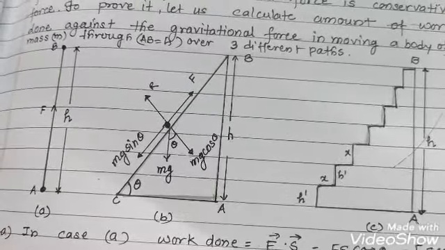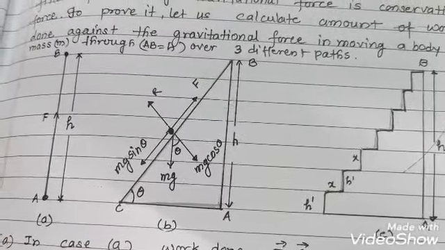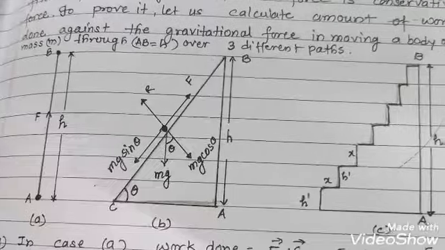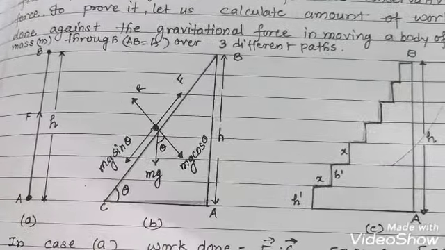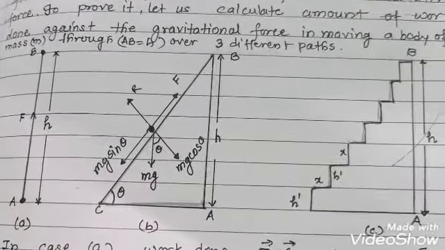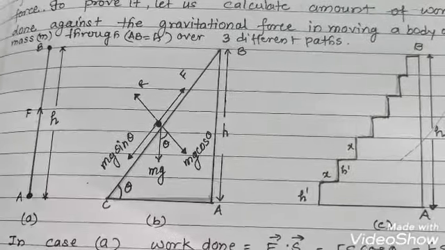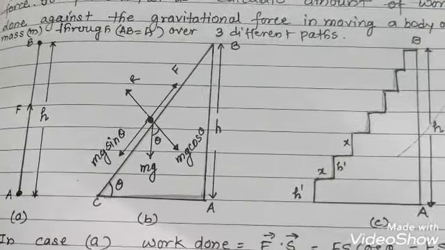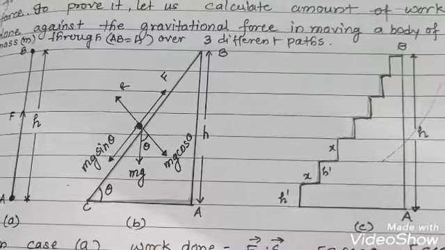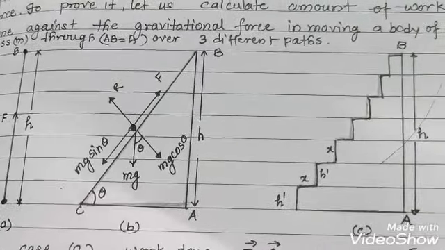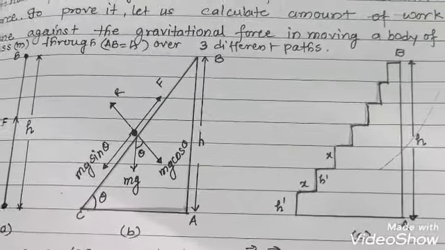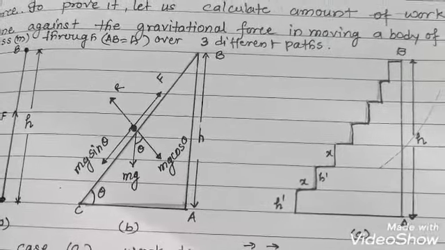There we saw that the work done against the gravitational force is always equal to mgh, so we said the gravitational force is a conservative force. Now we'll talk about the work done by the friction force.